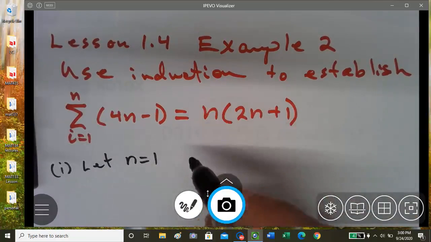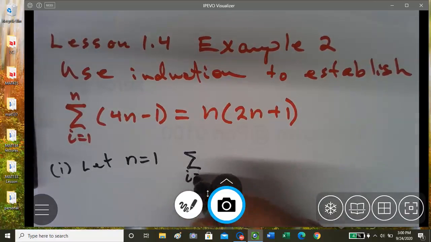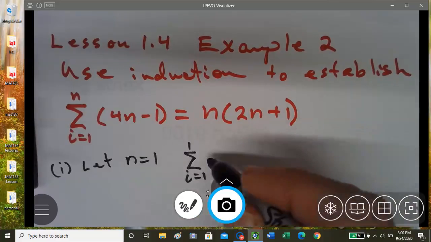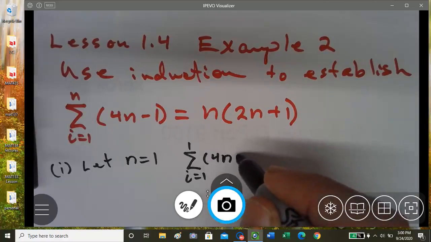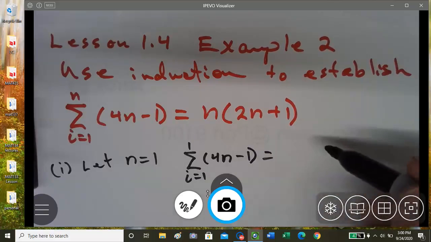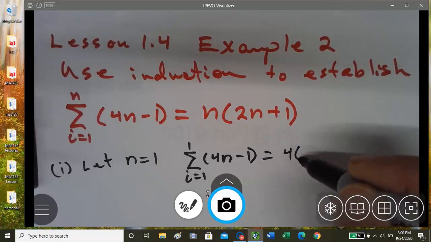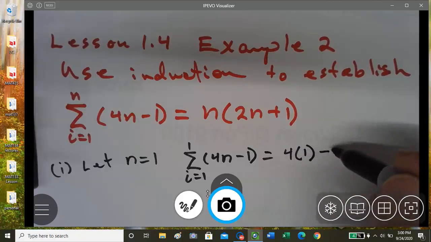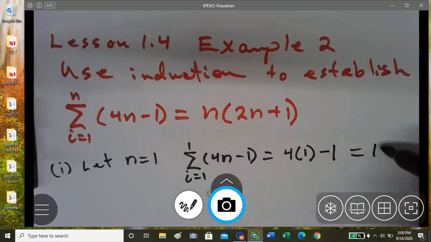So from here, this will be the sum from i equals 1 to, since n is 1, we put 1 there, of 4n minus 1. And so that's going to be 4 times 1 minus 1 equals, on the right side, 1 times 2 times 1 plus 1.